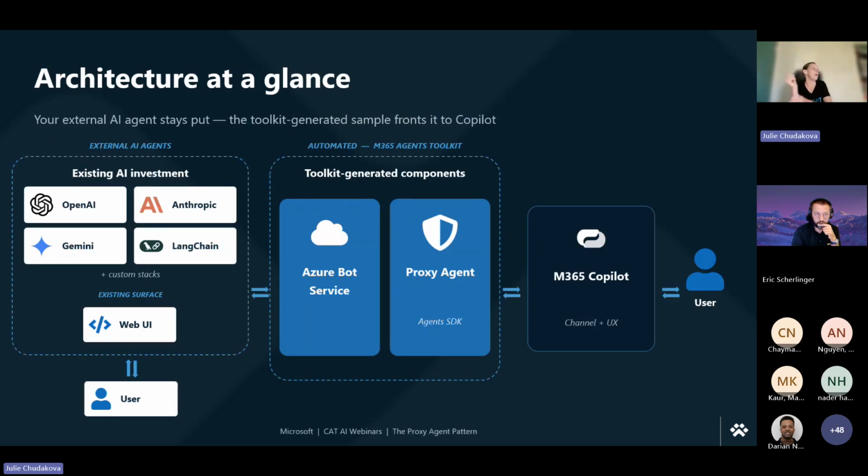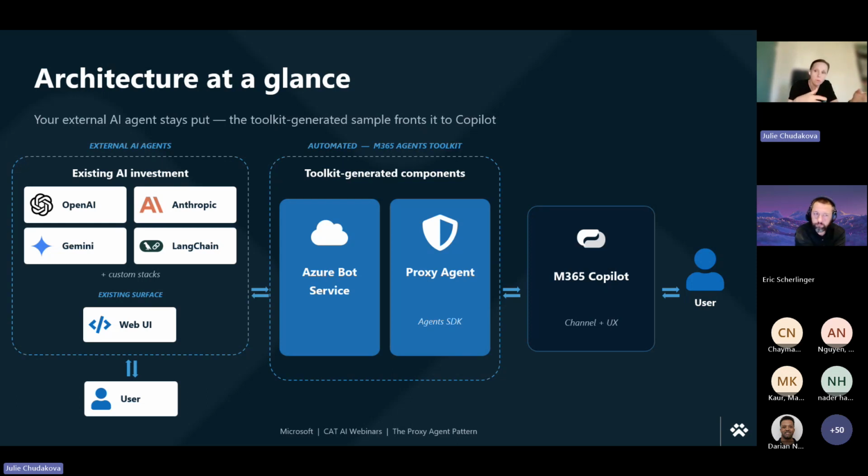And what enables all of this to become a reality is what we call a proxy agent. This is just to set up some context for the live demo that Eric will walk us through. Here on the left, you see the existing AI investments that the customer might have, right? They build an AI agent on an existing platform or their custom stack.